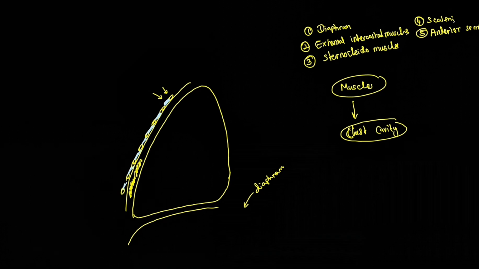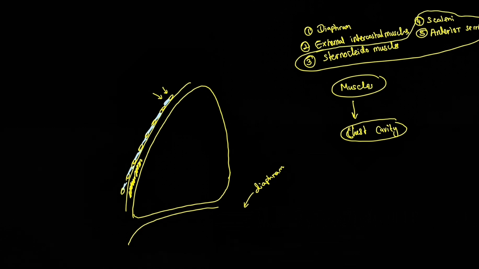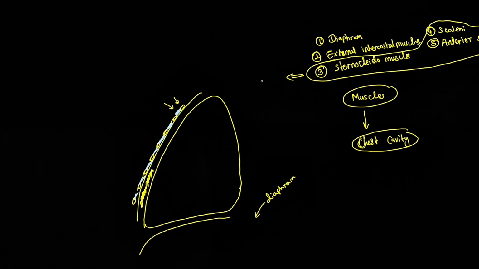The sternocleidomastoid, scalene, and anterior serratus are called the accessory muscles, which normally aren't used in inspiration.